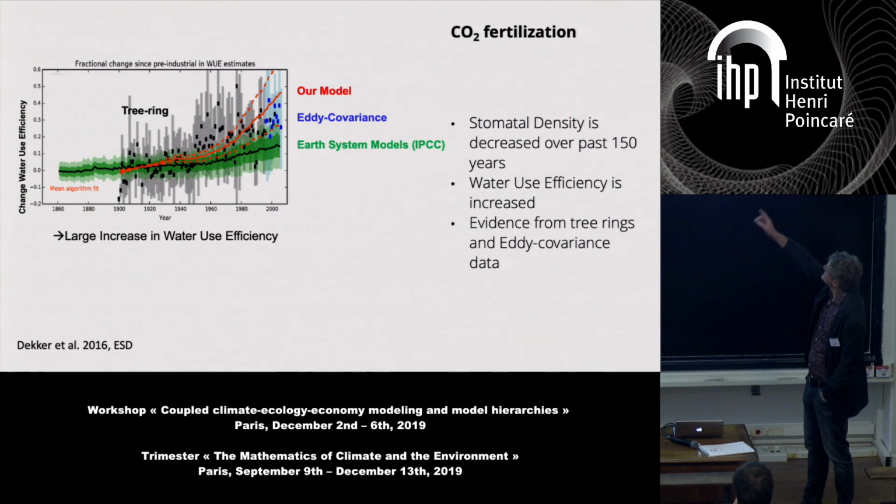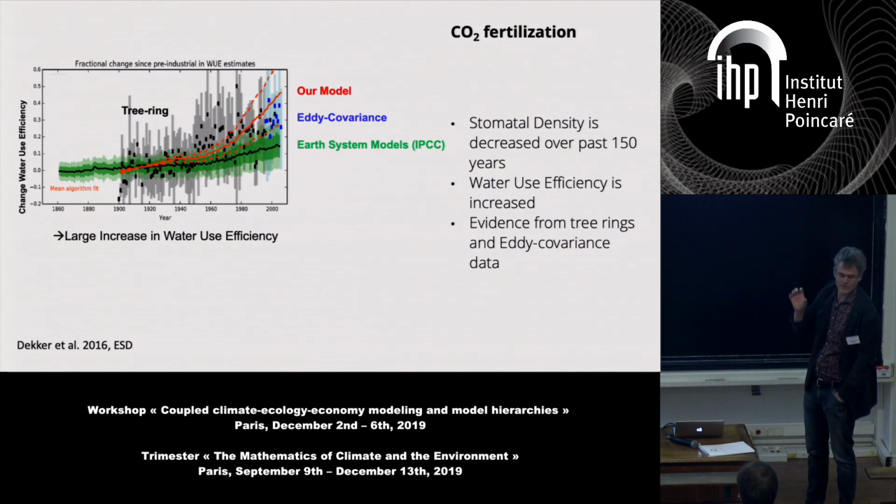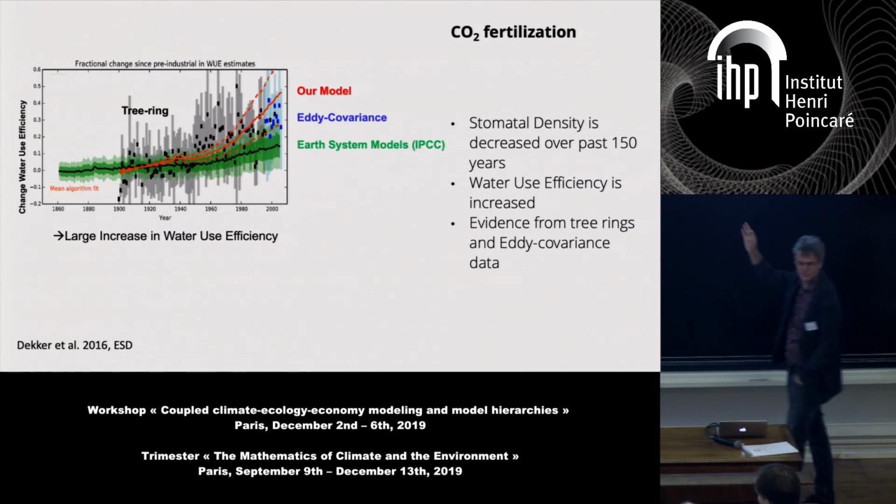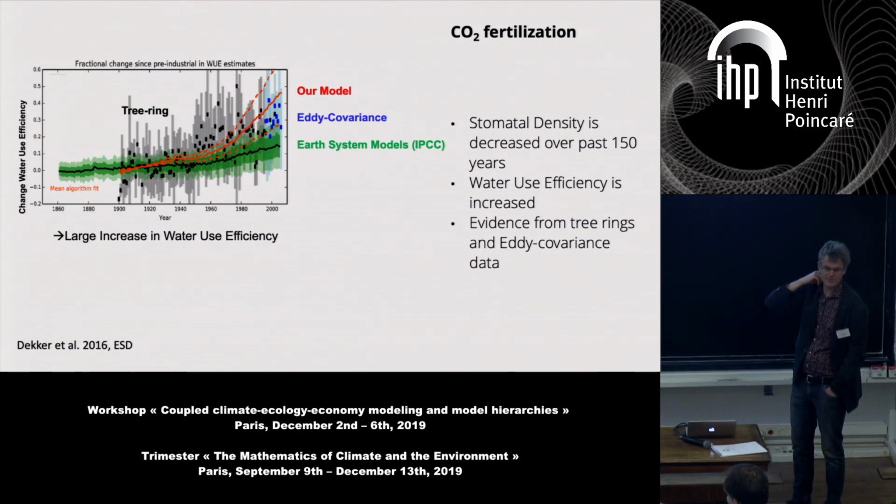And then you can see that our model has a 40% increase in water use efficiency, and in the average of all the Earth system models from the IPCC, there's only a small increase in water use efficiency. So we think that some important mechanisms are still missing there.